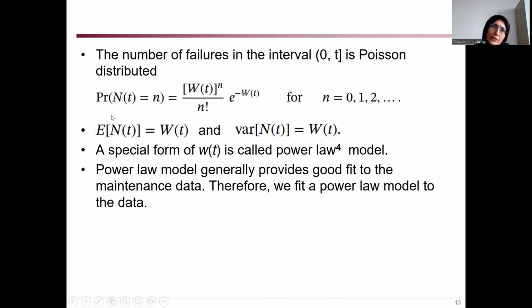A special form of intensity function is called the power law model. The power law model generally provides a good fit to maintenance data, and it is used in practice and also in academic work. So we fit the power law model to the propeller data.